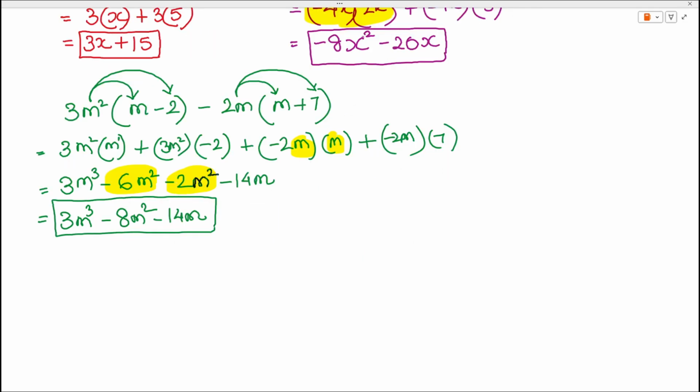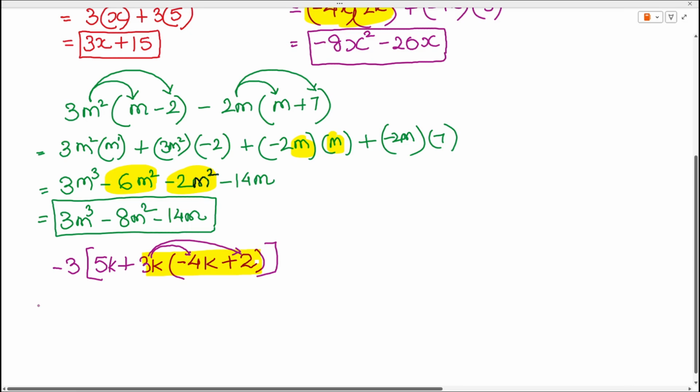Let us now look at a question with a nested bracket. So in this question, we'll first solve this inner bracket. And to solve this, because negative 4k plus 2, they are not like terms, we can't do anything with it. So we'll have to use the distributive property, which means 3k is going to be multiplied with both these terms.